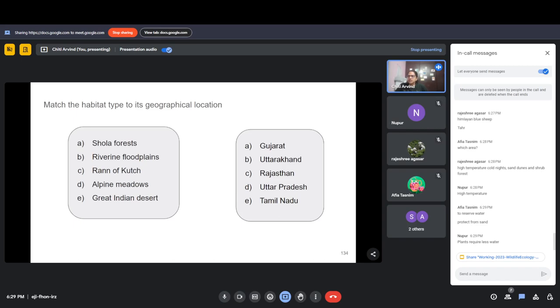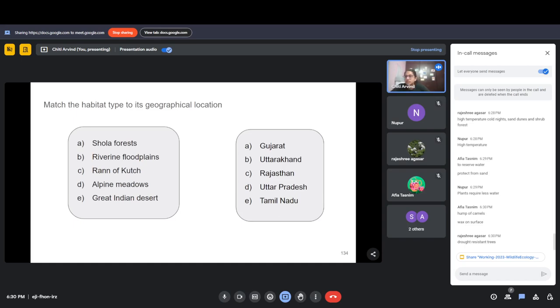So, Afia says to reserve water, to protect from sand, plants require less water. Sure. So, what modification do plants usually have in this region? Animals, yes, the hump of camels that acts as a storage region. How do plants avoid losing water? Yeah, excellent.